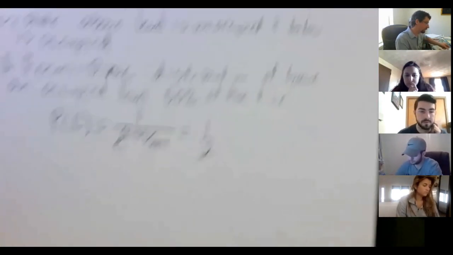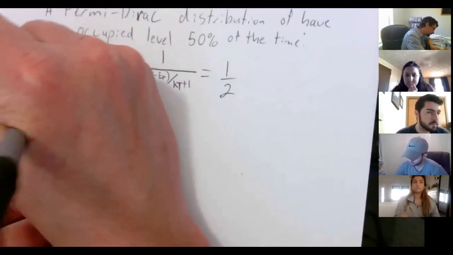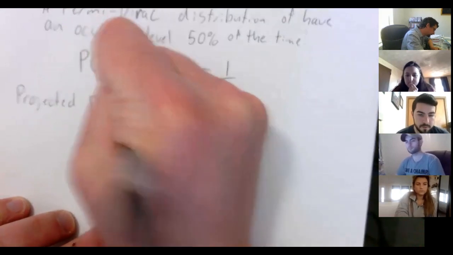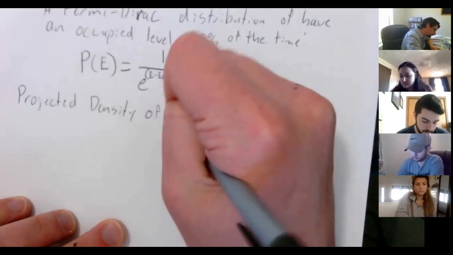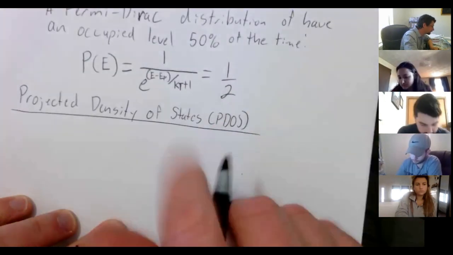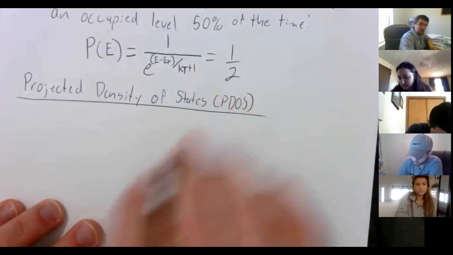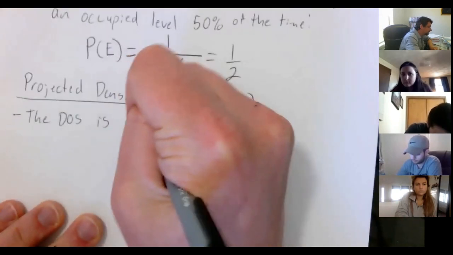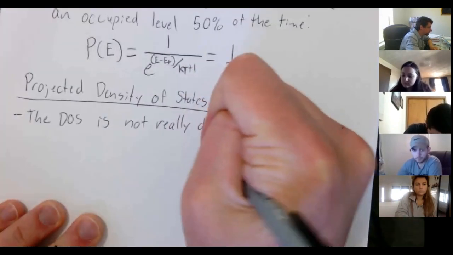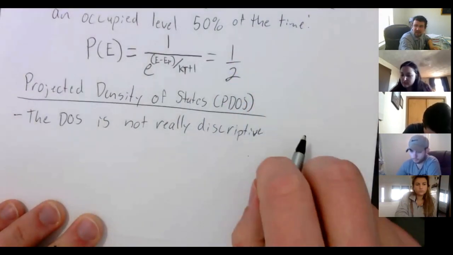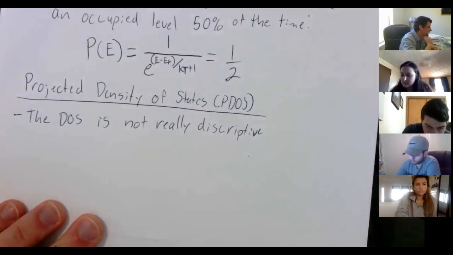However, what we can look at are something called the projected densities of states, or PDOS. And like we said, the DOS is not really descriptive. It doesn't really tell us important chemical information, not a lot of it.